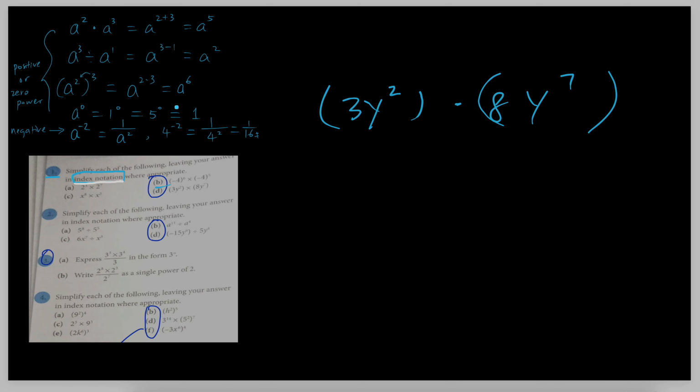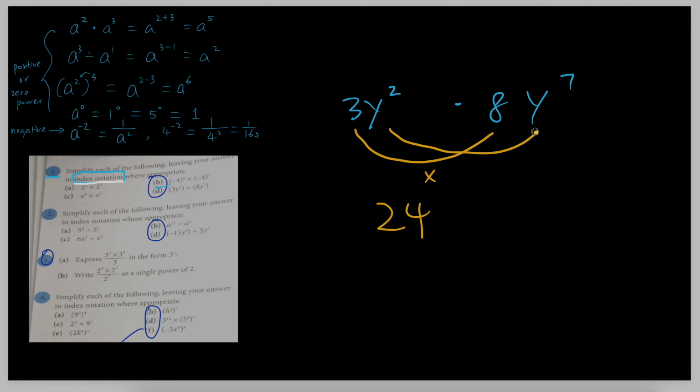So the first thing you do is you open the bracket first. When it's times, the bracket can just be removed. Once you remove, can you see that 3 can times the 8? 3 times 8 will give you 24. Then y squared times y to the power of 7.